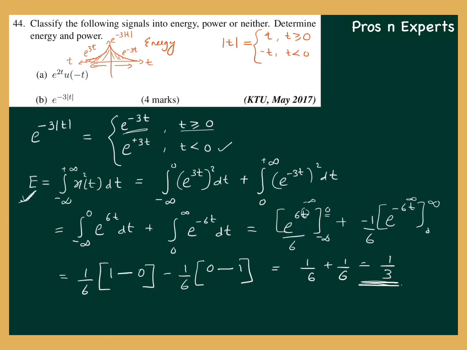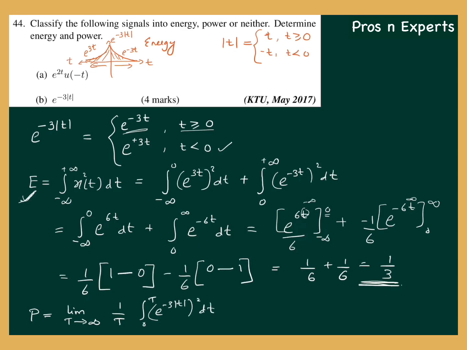Now what is power? This signal is again a non-periodic signal, so its power equation is limit T tends to infinity 1 by T integral over 1 period x square of t dt, that is e raised to minus 3 mod t square dt.